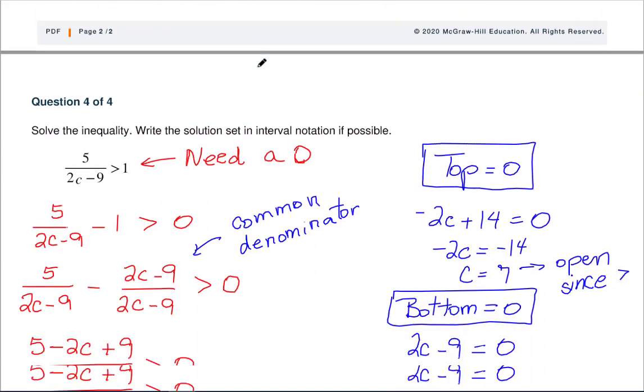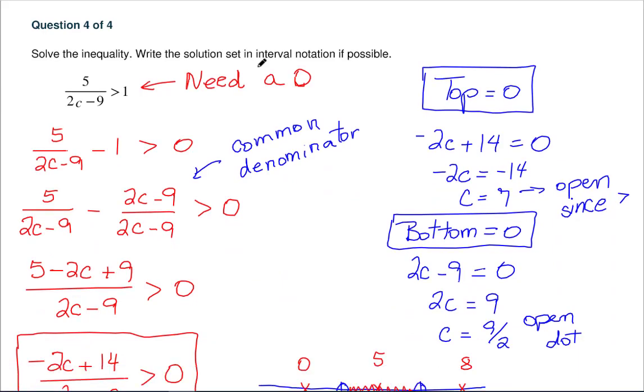All right, let's see our last one here. Now, I don't have a 0. Need to fix that. Well, I make a 0 by moving the 1. I have a 0, but now this is not a combined single fraction. I get a common denominator. I rewrite this 1 as 2c minus 9 over 2c minus 9.